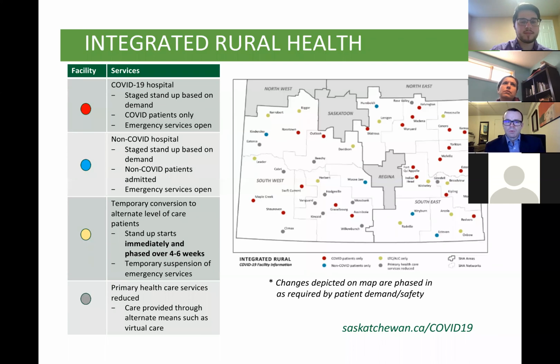We're working on that right now. There will be communications as part of that, and certainly with municipal leaders, you're definitely an important stakeholder. We would be reaching out to you to advise of any changes in services as part of that process.